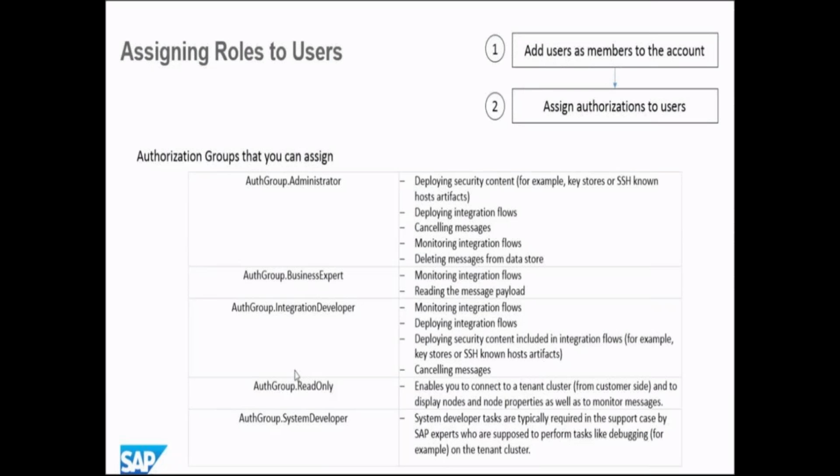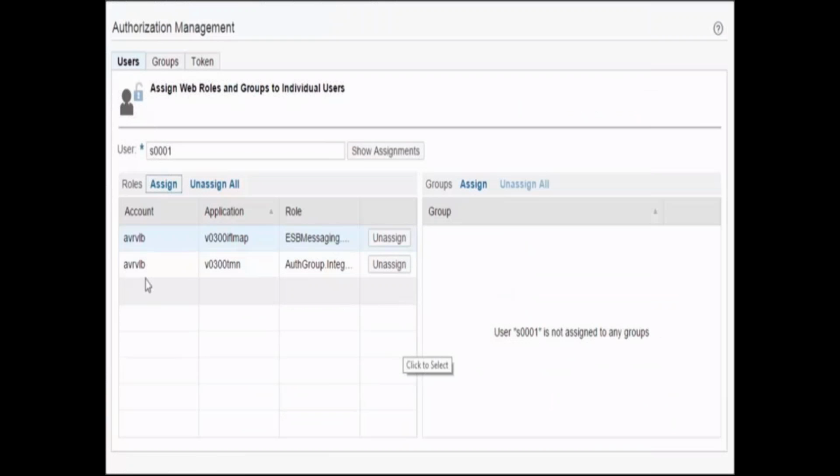In this role we cannot view the payload. In PI, if we have the authorization we can view payloads in production, but with just the integration developer role you cannot view payloads. To view payloads you need to assign the EBS messaging role to your ID. So how to do that?